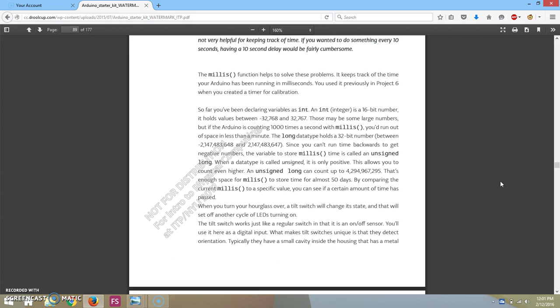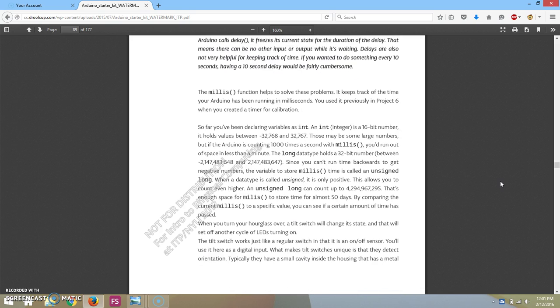So to build this, we're obviously going to need a very large amount of time in our intervals. For that, we'd have to use our long, which can count up to about, let's say, 4 million, instead of an integer, which would only go up to 32,000.